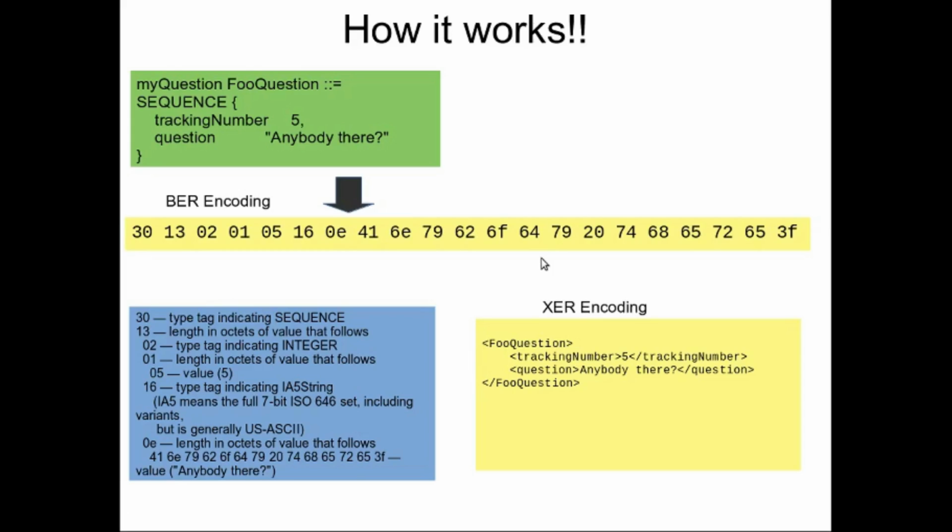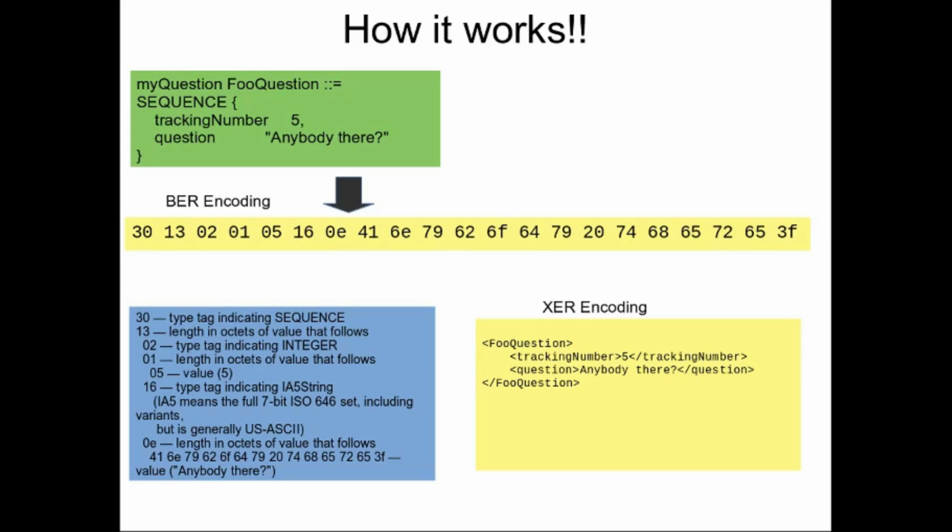How does it work? When you send my question sequence, suppose the tracking number is 5 and the question is "anybody there", if you convert it to BER encoding, it will be this string of bits or hex bytes. I will discuss a little bit more on the BER encoding.